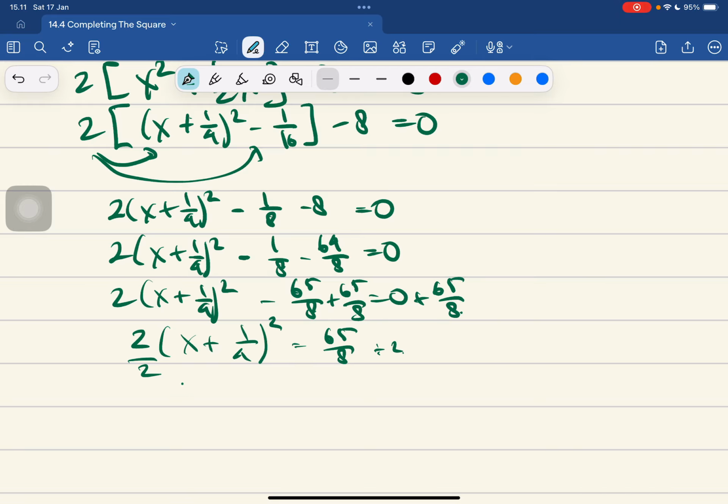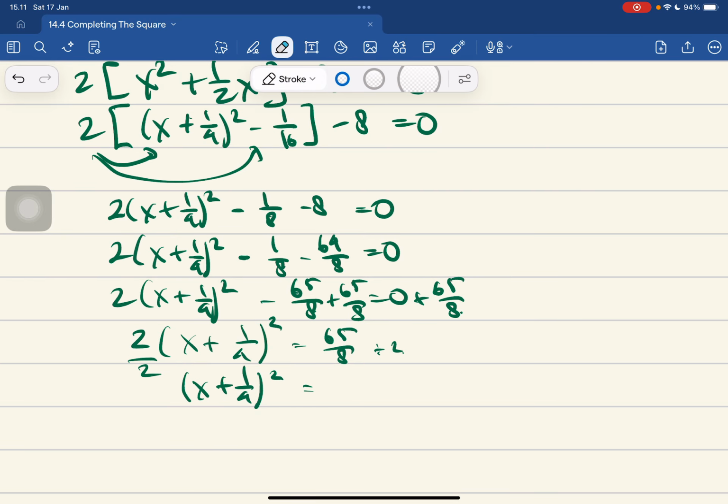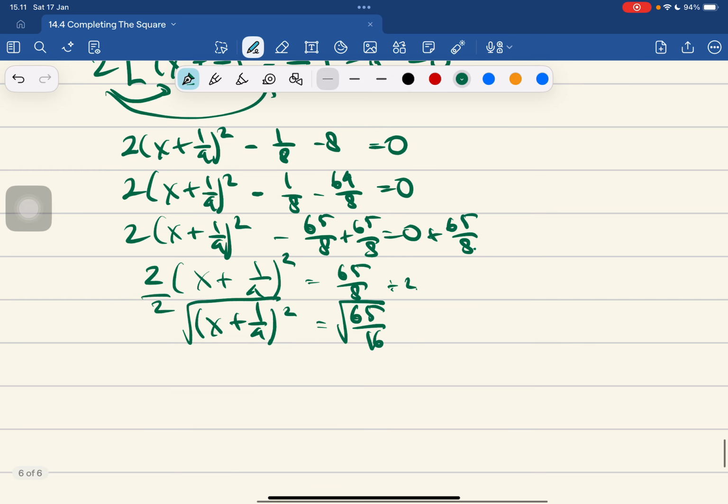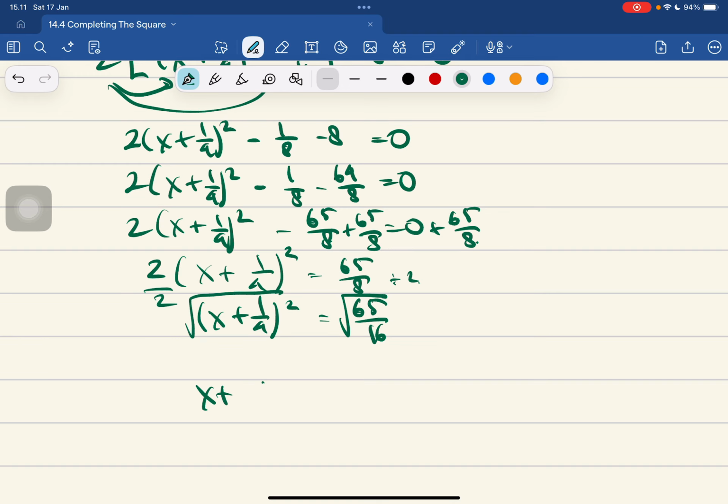So we got x plus 1 over 4 squared equal to 65 over 16. Get rid of the square, so we make it square root. So it's going to be x plus 1 over 4 equal to plus minus square root of 65 over 4.